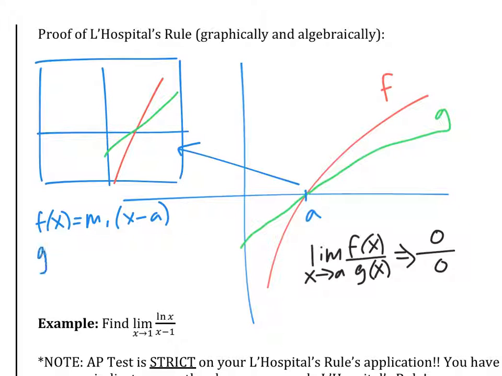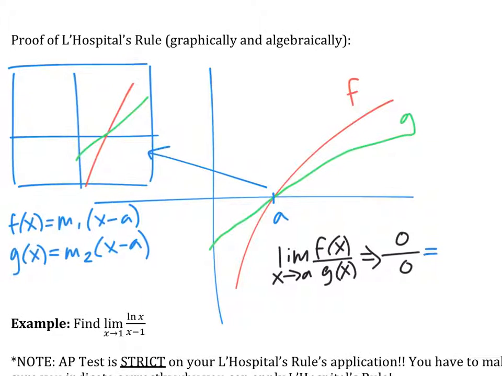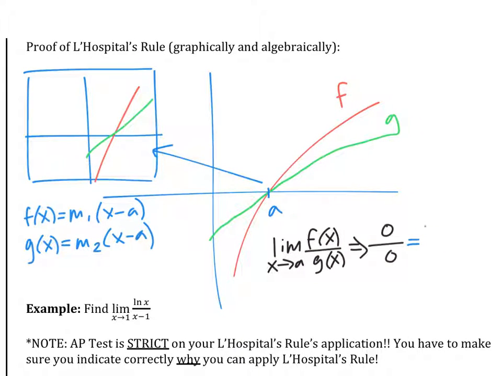And then g is pretty much a straight line as well, but with a different slope, at that same point. Since we zoom in so much, we can say f over g is m1 times x minus a over m2 times x minus a, and that x minus a cancels out.